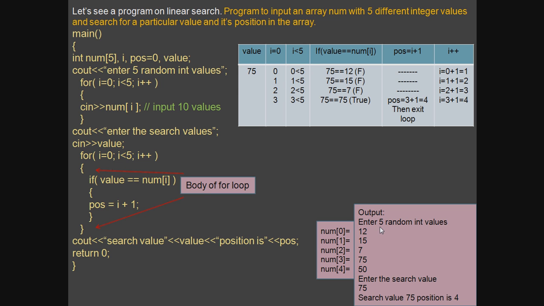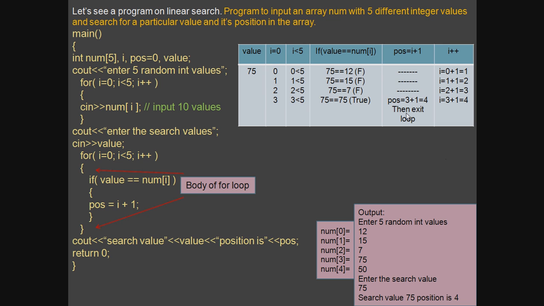In linear search, starting from the first array element till the last array element, the search continues till that particular value is found. All right, so it jumps from one array element to the other in consecutive manner.